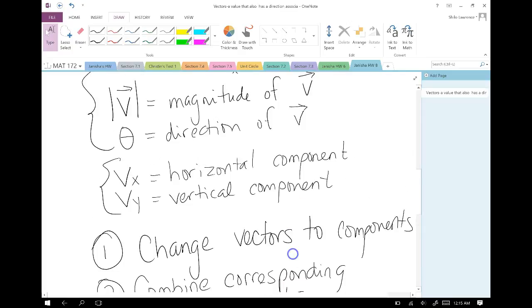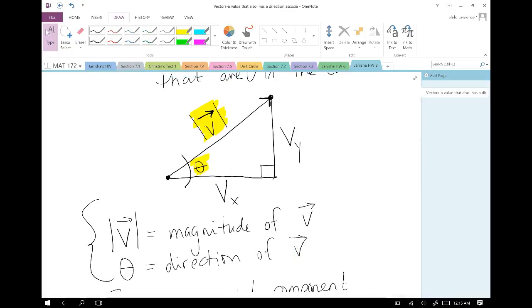So we have components. We have an x, and we have a y. But we want a magnitude. For that one, we've got two sides of a right triangle.